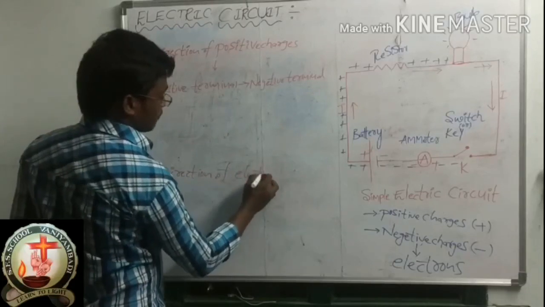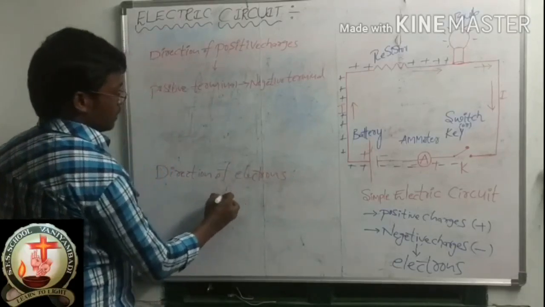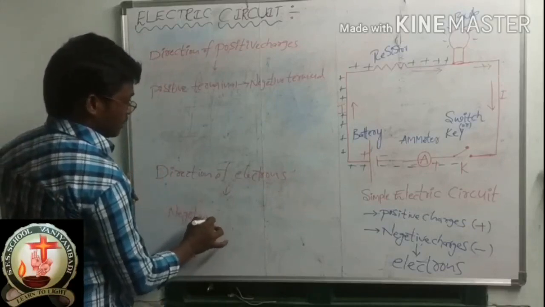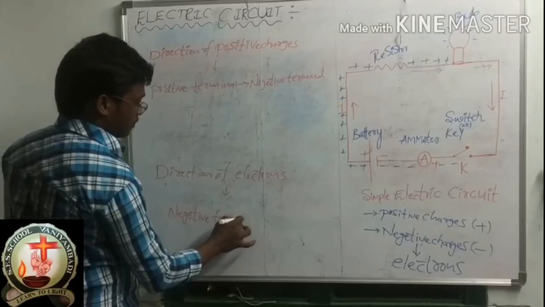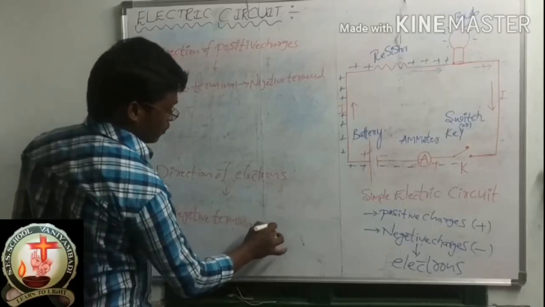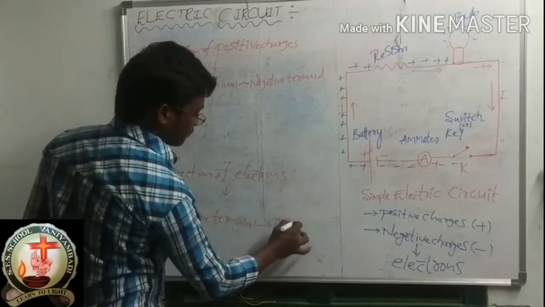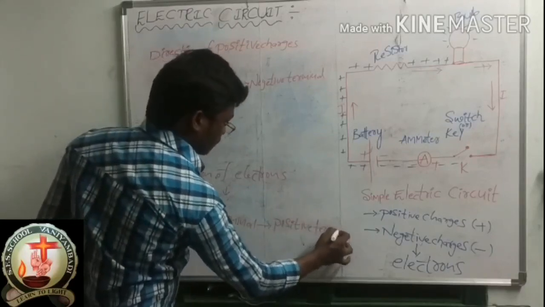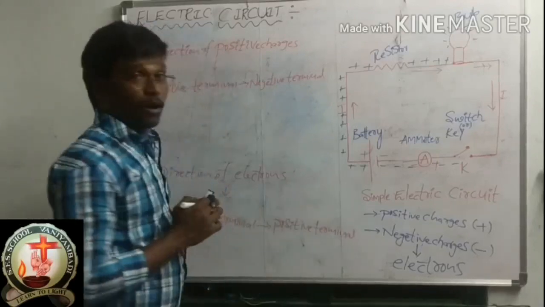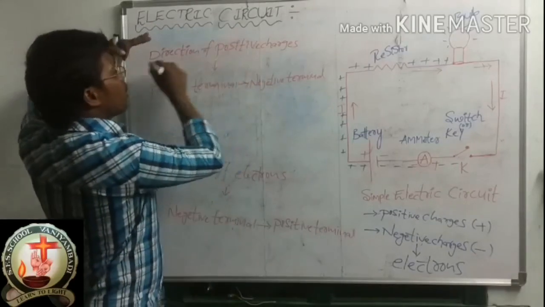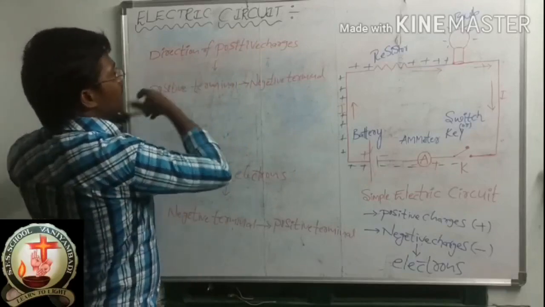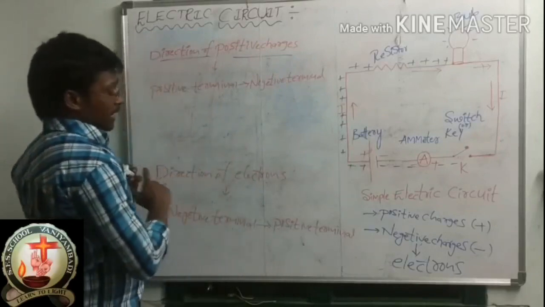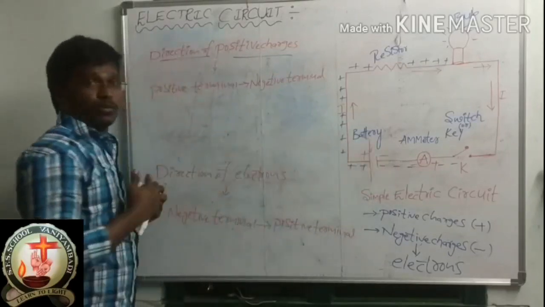Negative terminal to positive terminal. Okay, so the direction of positive charges is positive terminal to negative terminal. The direction of electrons is negative terminal to positive terminal.